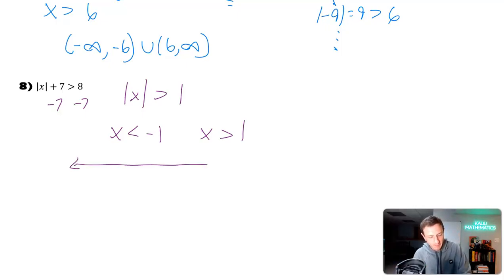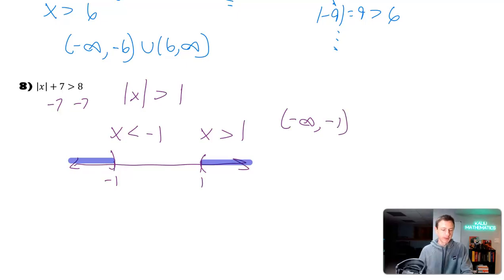So on a number line, -1, we have 1. So from -1, it's going to be all the values to the left. From +1, it's going to be all the values to the right. And then in interval notation, we're going to go from -infinity up to -1 with the parentheses, because we want strictly less than.